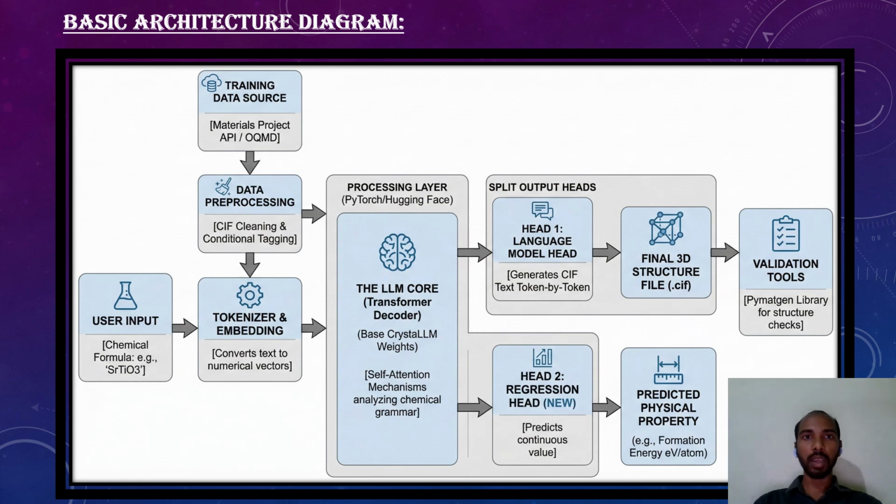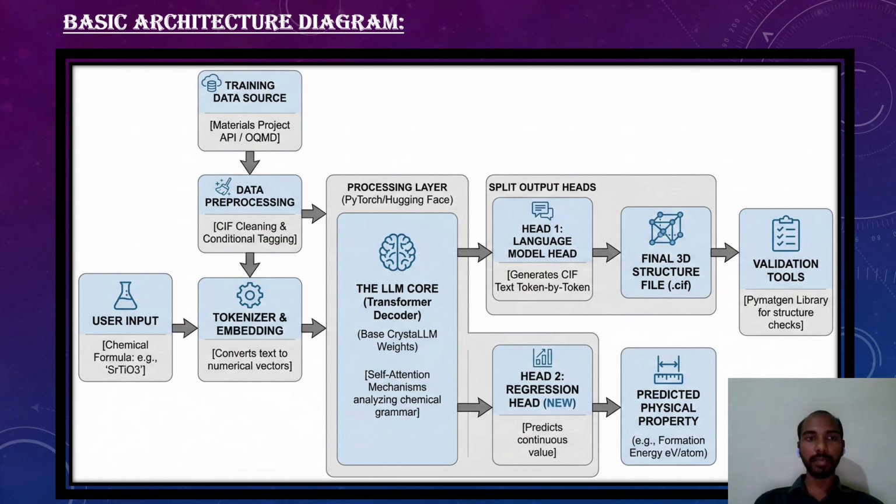Now looking at the architecture diagram, first the input includes the chemical composition along with the conditional tokens, and this input is then passed through multiple layers of the transformer decoder network. These layers allow the model to learn complex relationships between atoms, elements, and crystal structures. At the final stage, the model splits into two separate branches.